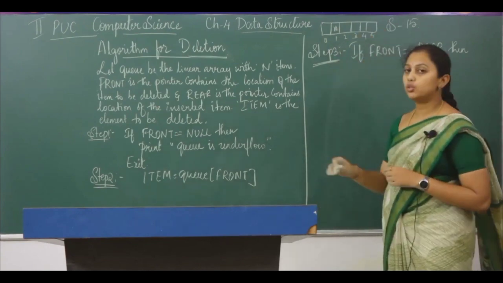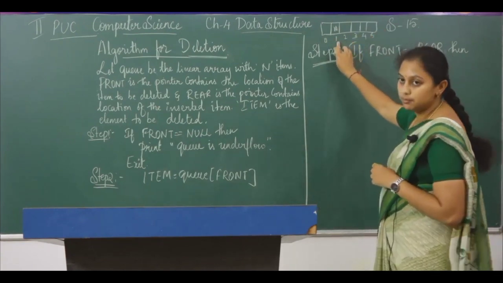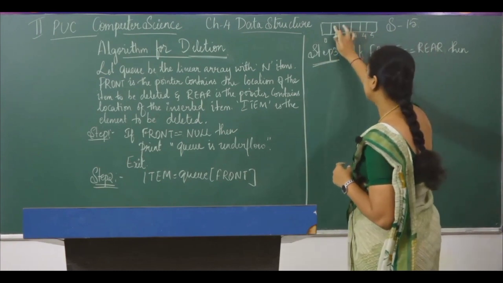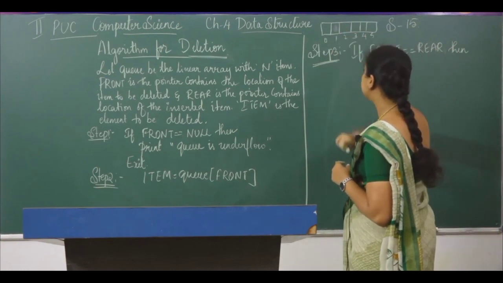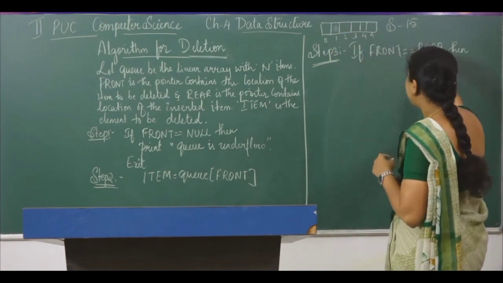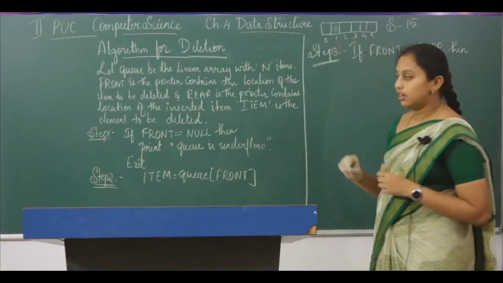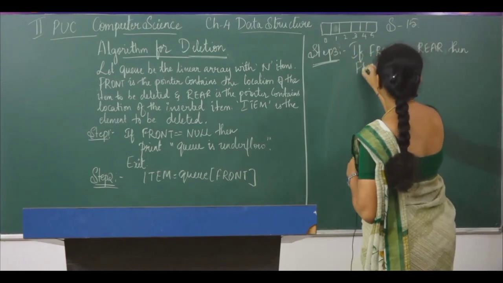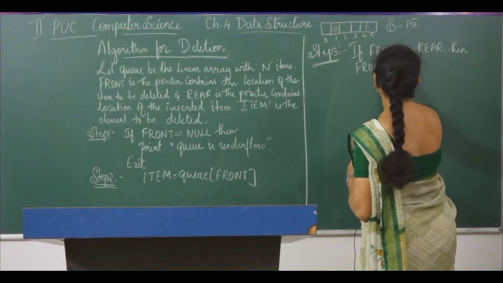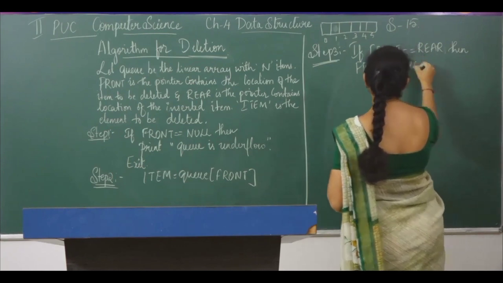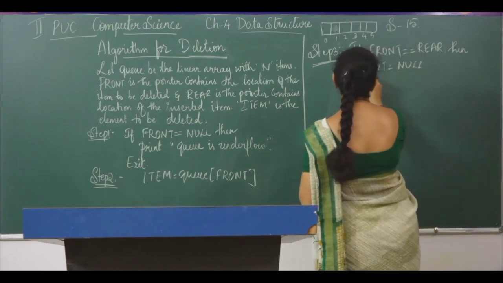So I am going to delete this item from the queue. If I delete this item, the front and rear become null.